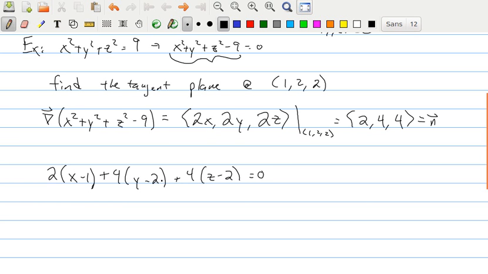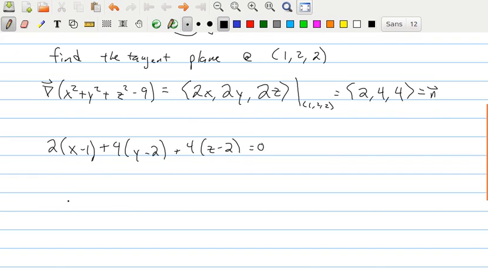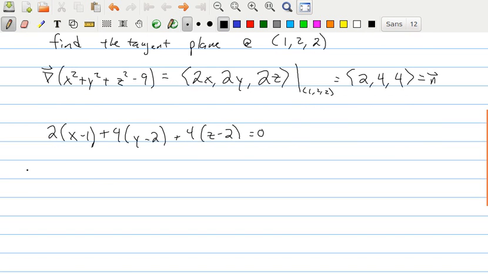Now it's worth noting that if we have a surface that isn't given by a level set, so let's say for example we want to find the tangent plane to z equals x squared minus y squared at, say, the point 2, 1, 3.